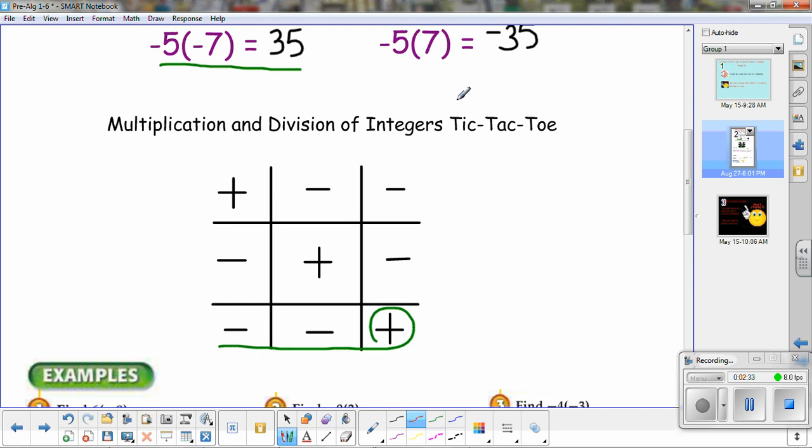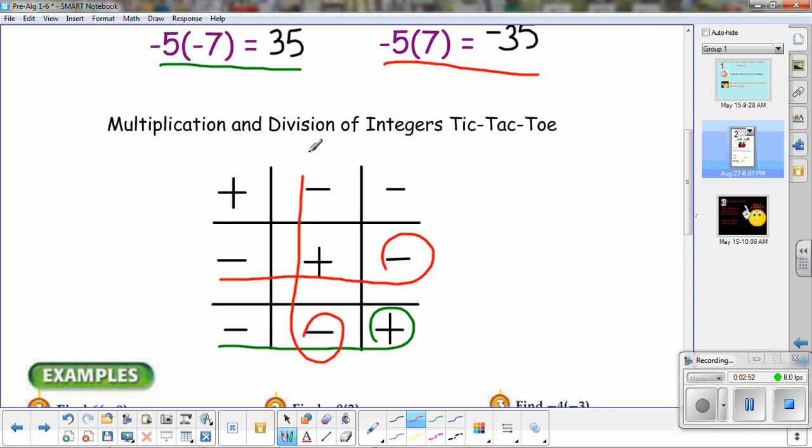Or in this example, a negative times a positive. Negative times a positive is negative. You can also work your way up and down. A negative times a positive is negative.